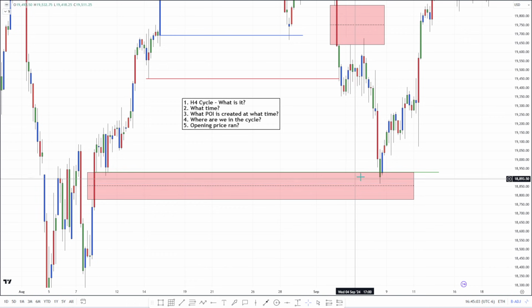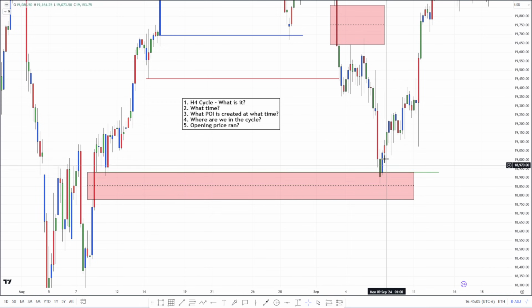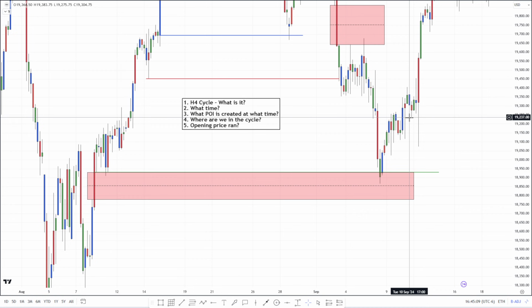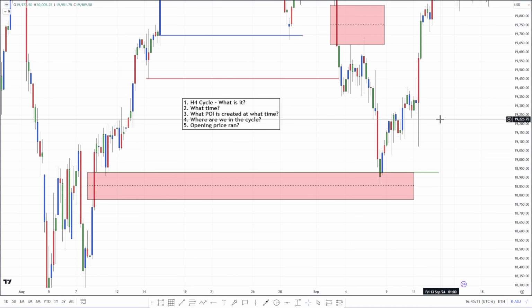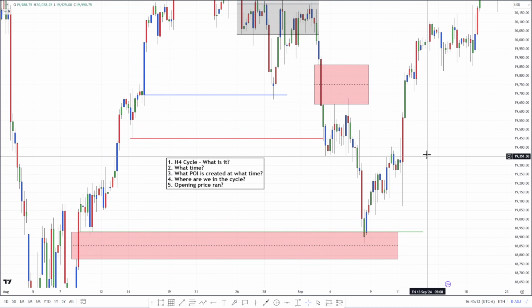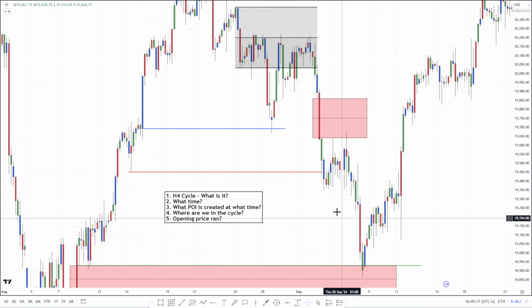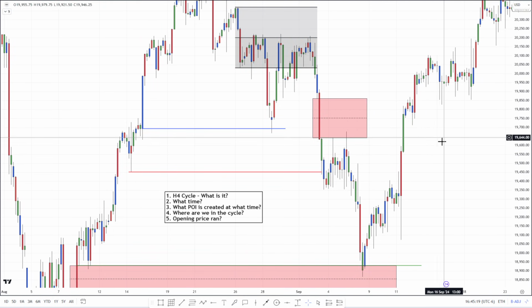Okay. And so we've kind of now completed the cycle, and look what we get. We get change in state of delivery. All right. And you can see that now we're rebalancing and we're starting a whole new price cycle.